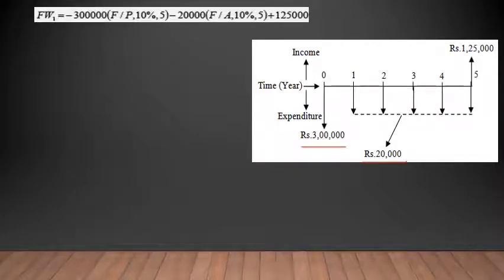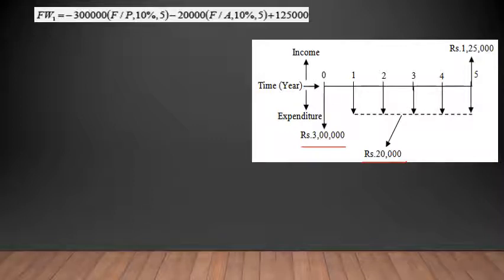So future worth, how do we calculate the future worth? We convert every cash flow into its future worth. That is the basic rule of future worth comparison of alternatives. In present worth comparison of alternatives, what did we do? We converted every cash flow into its present worth at t is equal to 0.